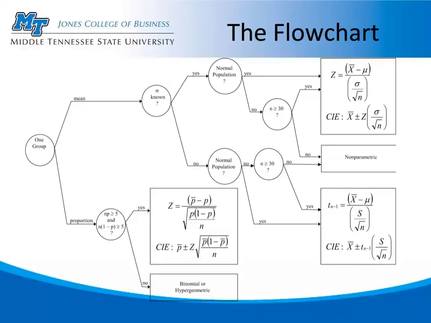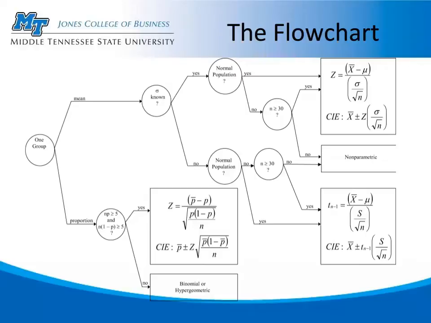We have a problem where we're trying to figure out the probability about a sample mean. So you follow the path from the left with respect to the mean. If we were doing a problem on a proportion, then we would take that downward path. The next question is whether or not you know sigma. Sigma is the population standard deviation.